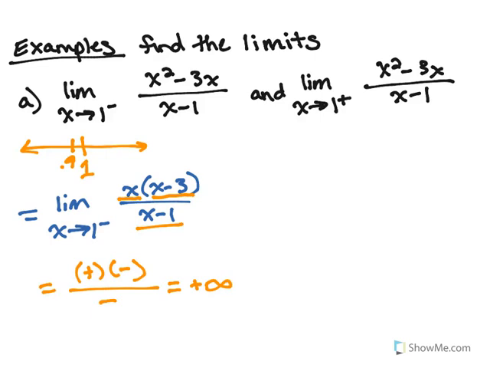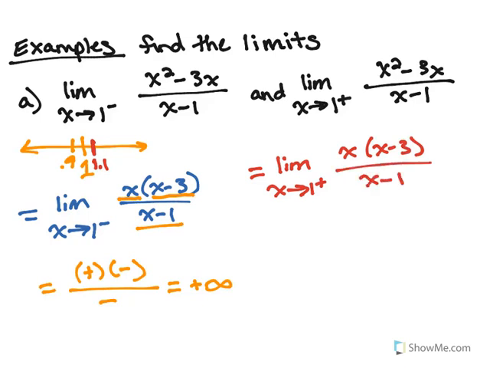If we look from the right, I need a number a little bit more than 1. So let's say 1.1. If I plug 1.1 into this x, that's a positive number.